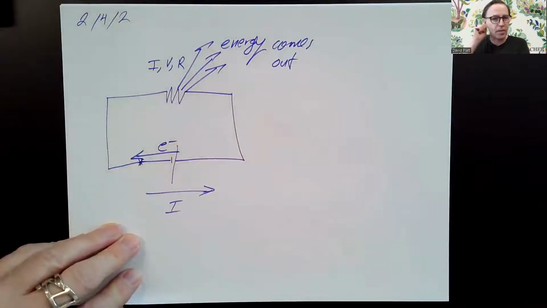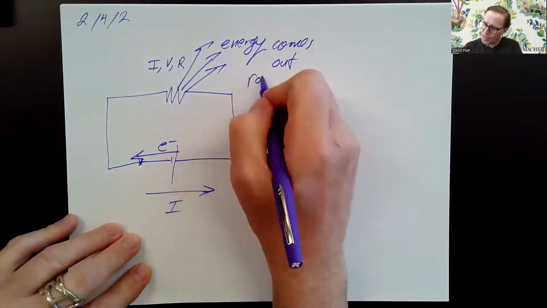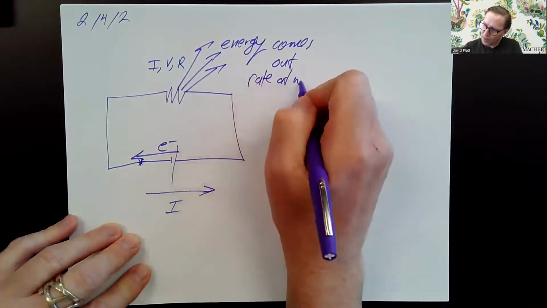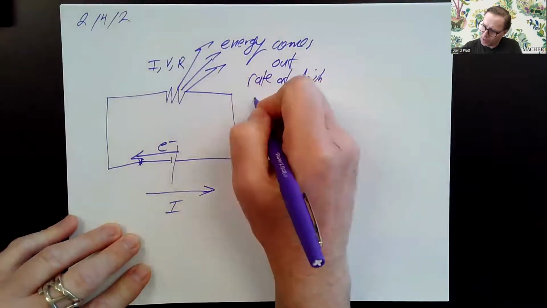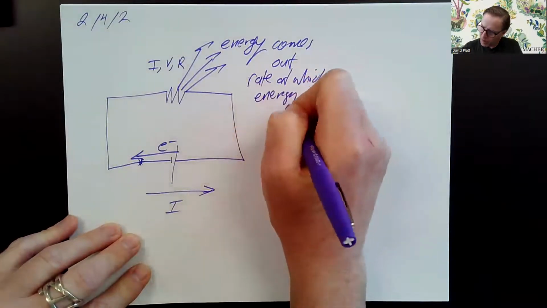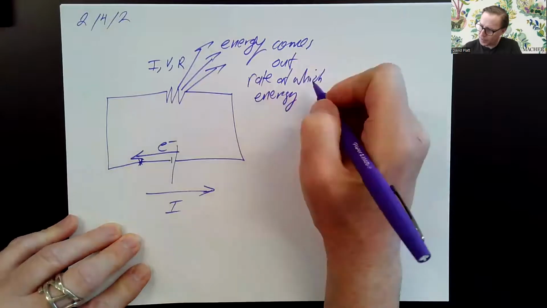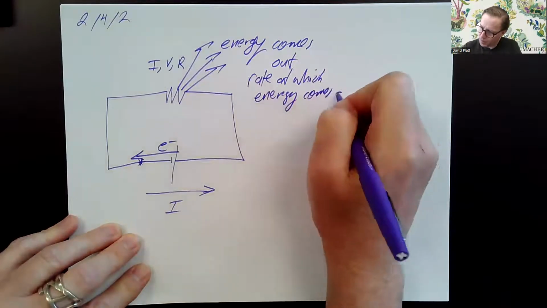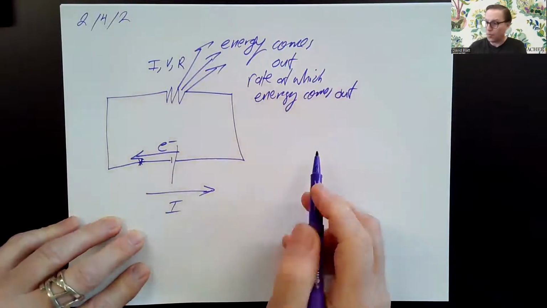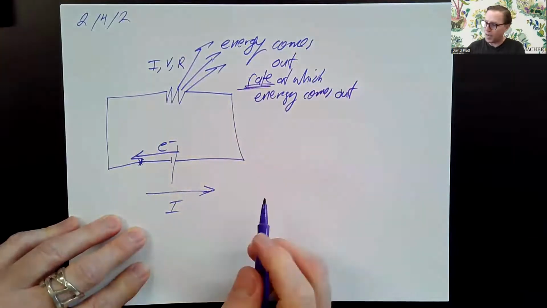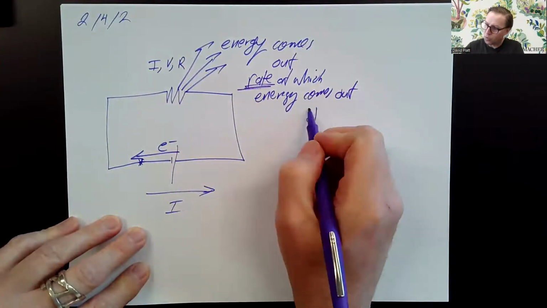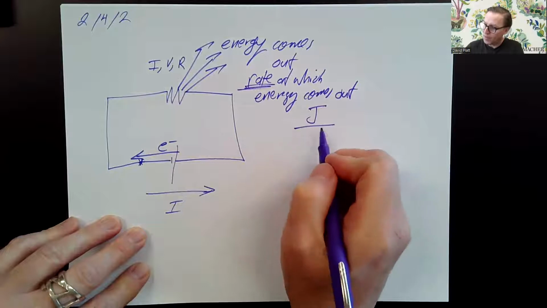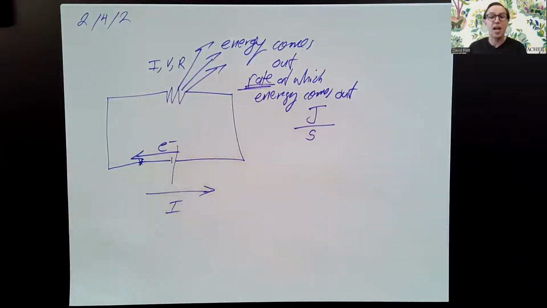Rate of energy, that should be sounding and feeling familiar. The rate at which energy comes out or is released is going to be measured in joules, the amount of energy, divided by seconds, the time it takes the energy to come out.